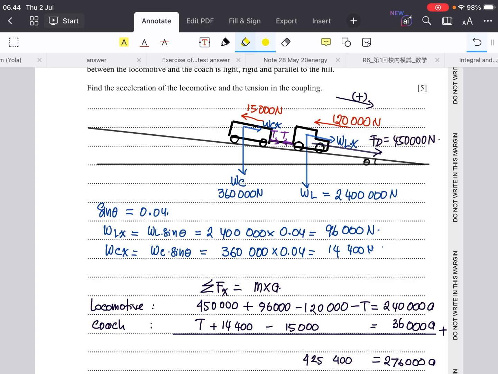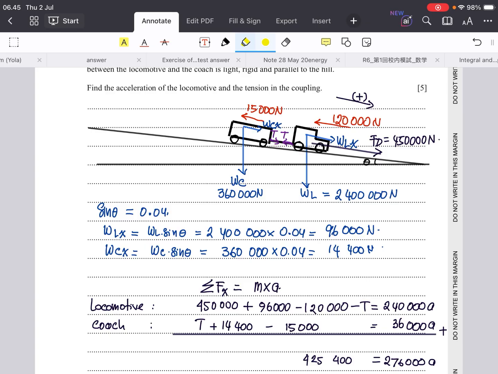And then the tension: the direction of the tension on the locomotive also opposes the motion, so it's also negative. So 450,000 plus 96,000 minus 120,000 minus T is equal to 240,000 times a, so m times a. This is the formula for Newton's second law.